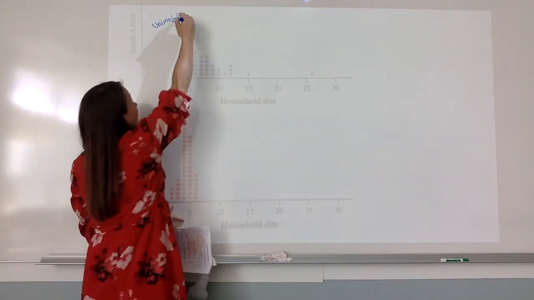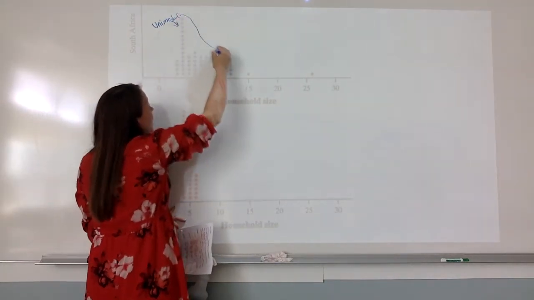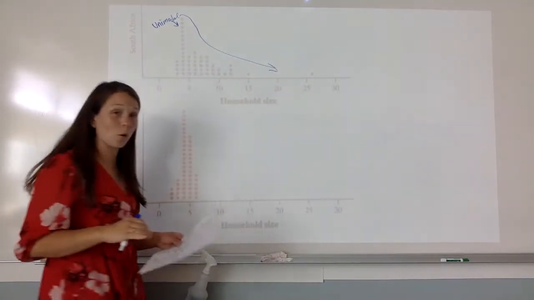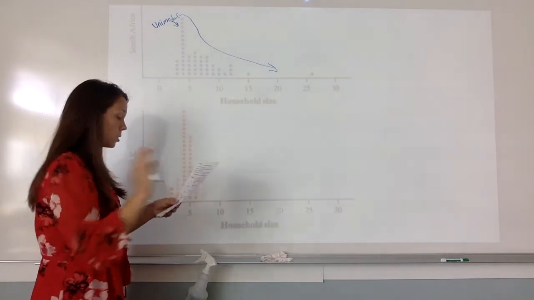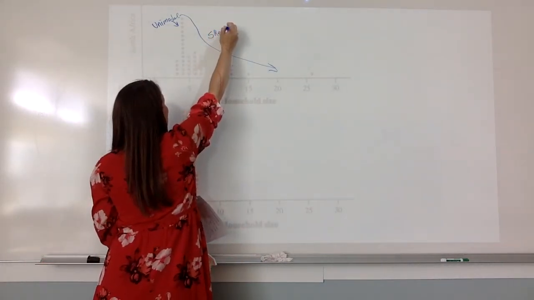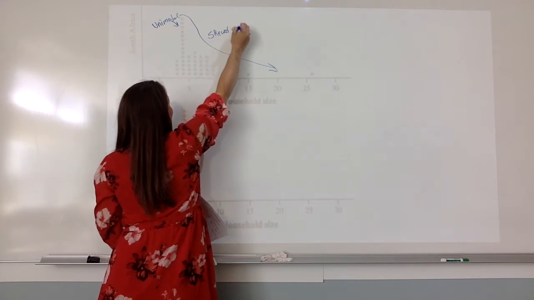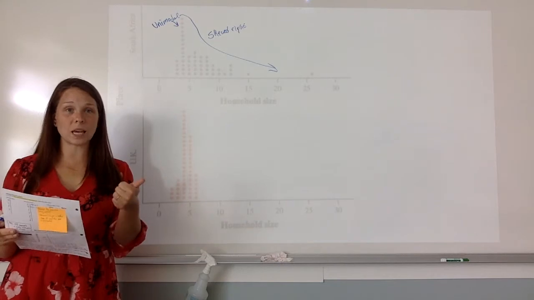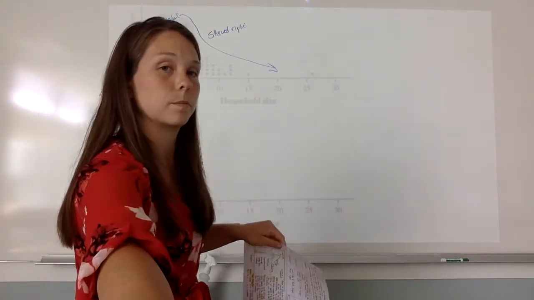If I were to outline this graph, it starts high and gets low as I go towards the right. So I'm noticing that it is skewed right. So in terms of shape, I see that it has one peak and I see that it is skewed right.